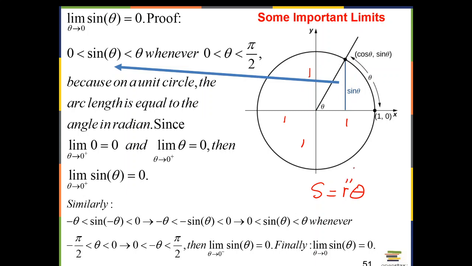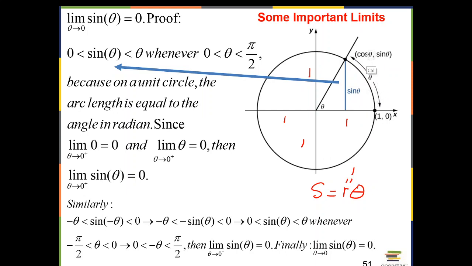And since r is 1, the arc length on the unit circle equals the angle. So if you have an angle of theta here, the arc length across from the angle is the same as the angle, the measure of it in radians, right?